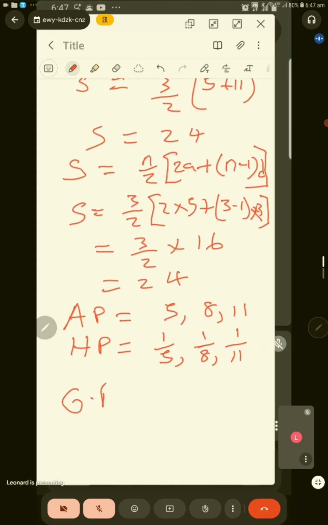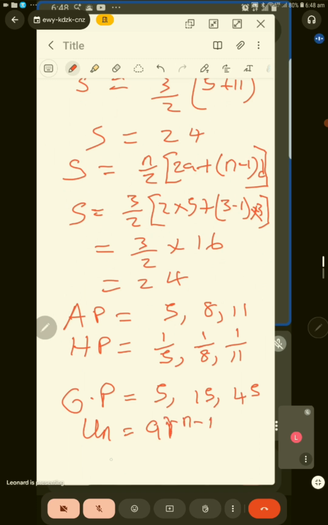If you want to strictly find the geometric progression of this, it will be 5, 5 times 3 is 15, 15 times 3 is 45. Now, one small formula there for finding a term is a r to the n minus 1.